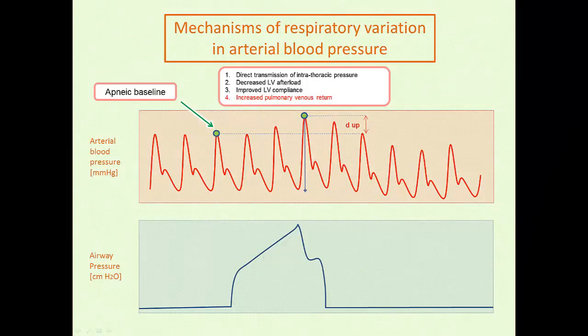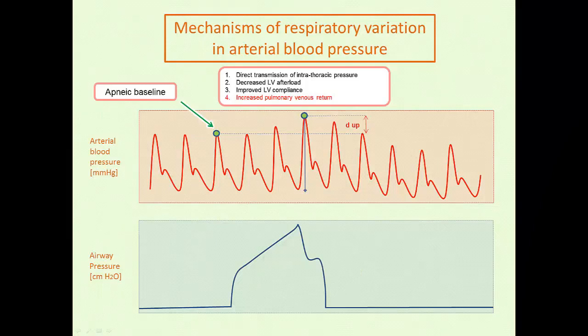Remember, during inspiration, the right ventricle shrinks, its preload is reduced. Then during expiration, the right ventricle is actually accepting blood, and charging the pulmonary vascular bed with blood. Also during expiration, the right ventricular afterload tends to decrease. So there are two things going for the right ventricle during expiration: it's being volume loaded, and it's got a lower afterload.